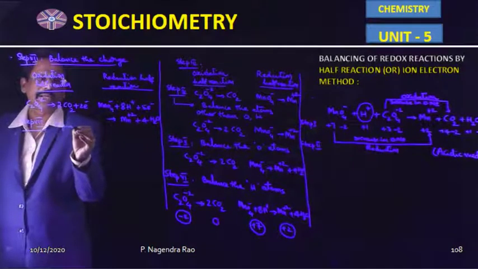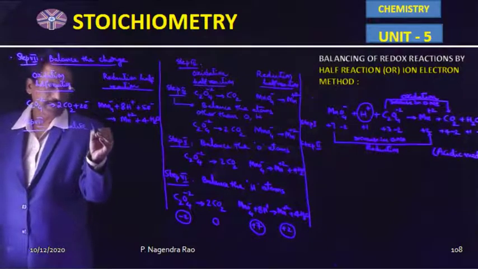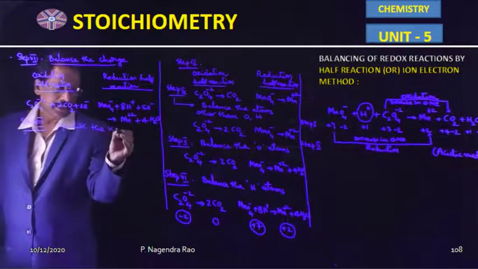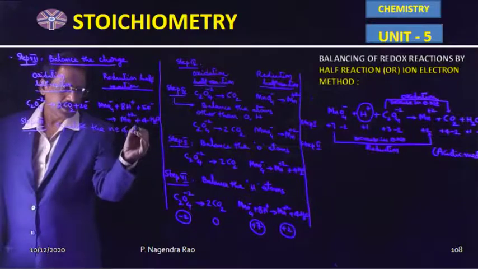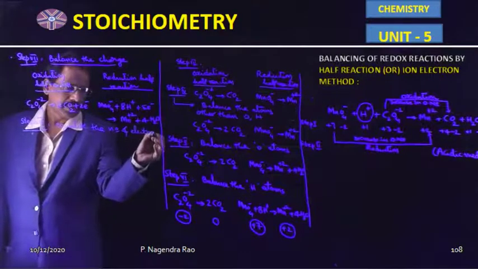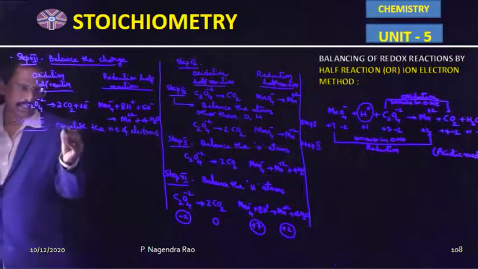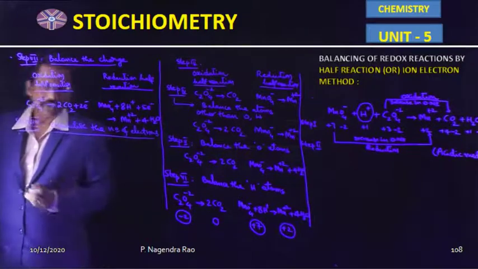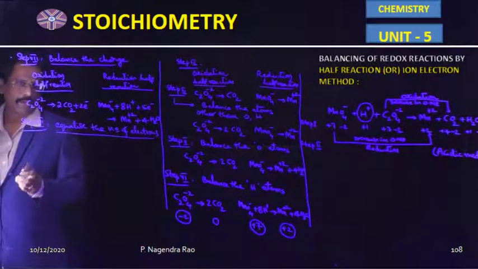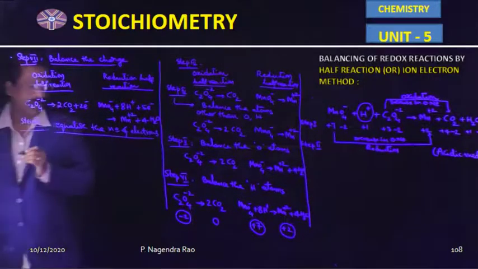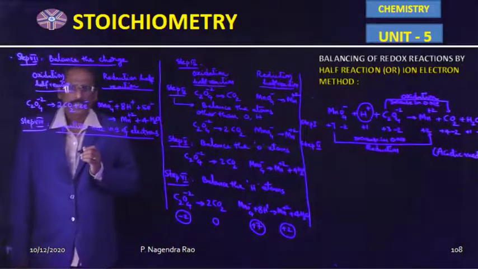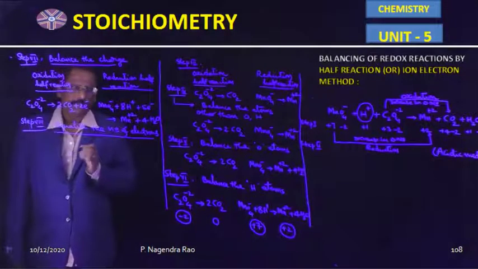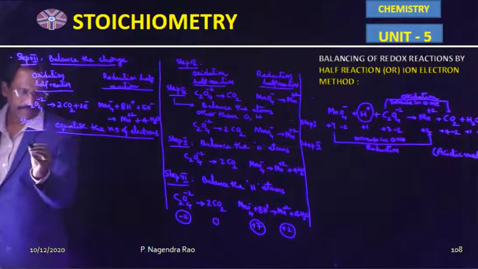Now to equalize the number of electrons, the oxidation half reaction is multiplied with 5.